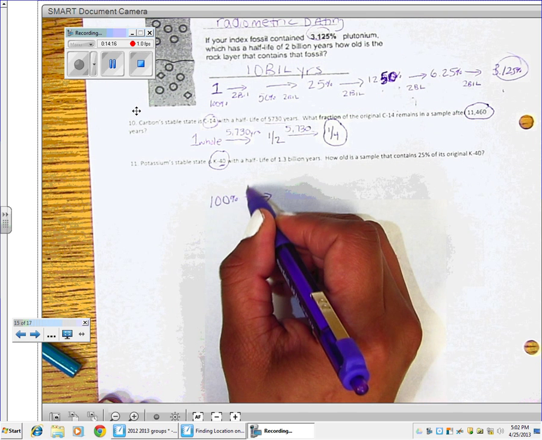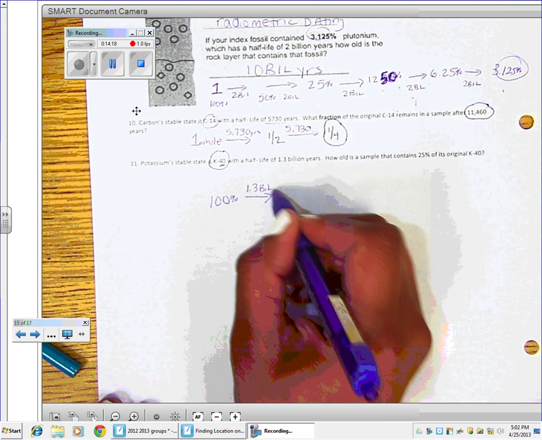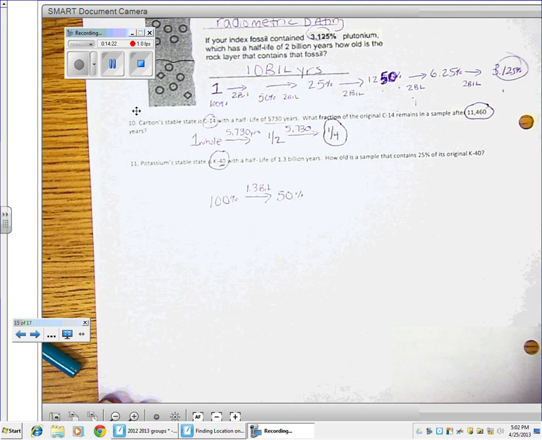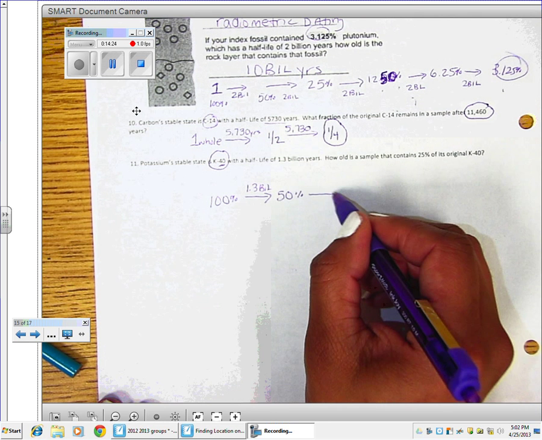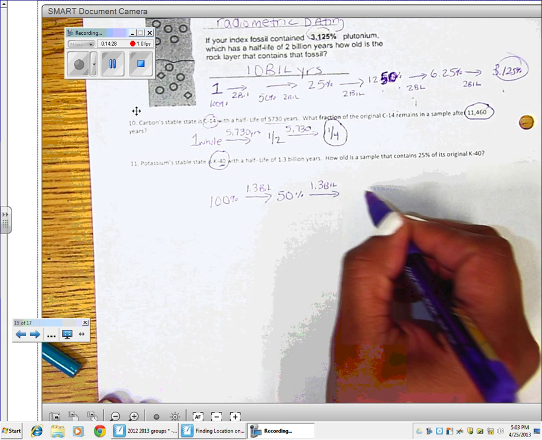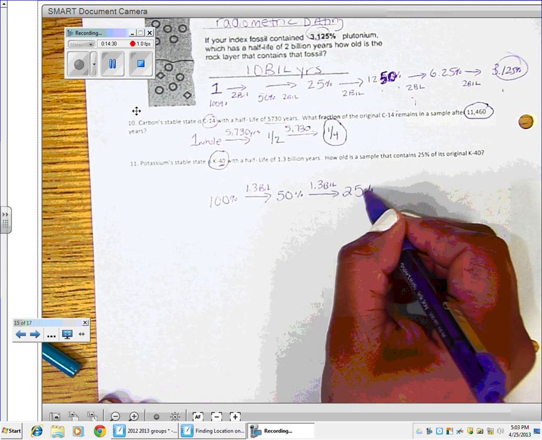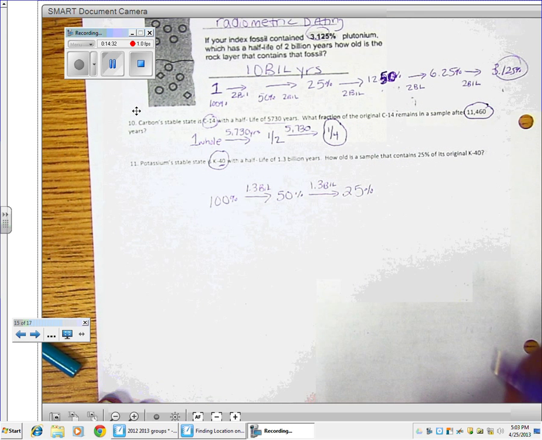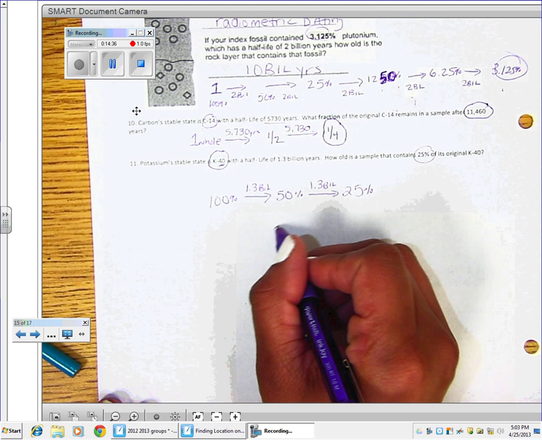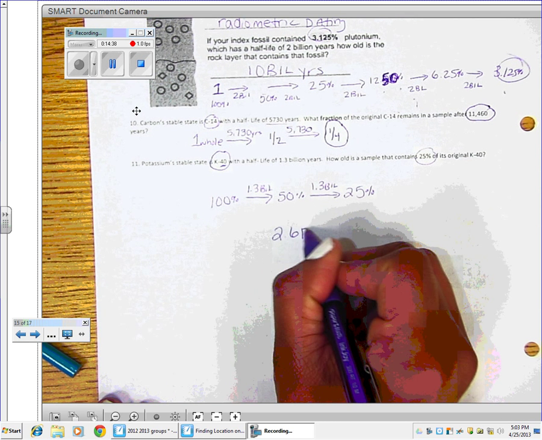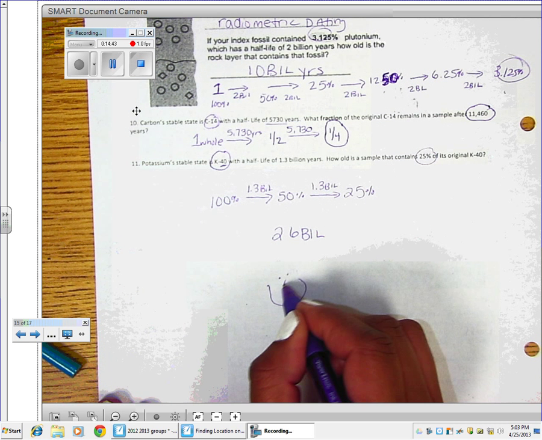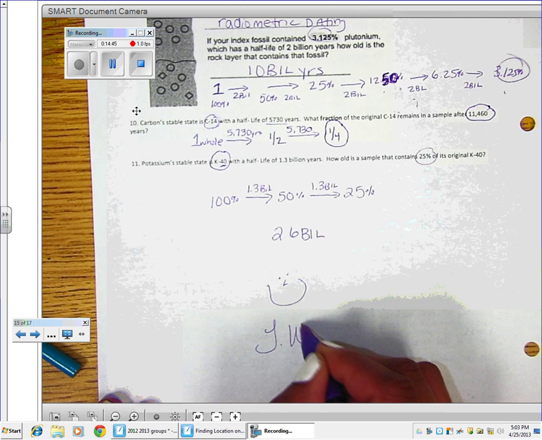A half-life passes, which is 1.3 billion years. We're now at 50%. Half-life passes, which is another 1.3 billion years. We are now at 25%. That's the amount that we're looking for. How much time has passed? 2.6 billion years.